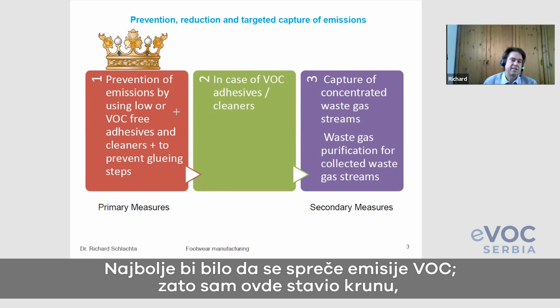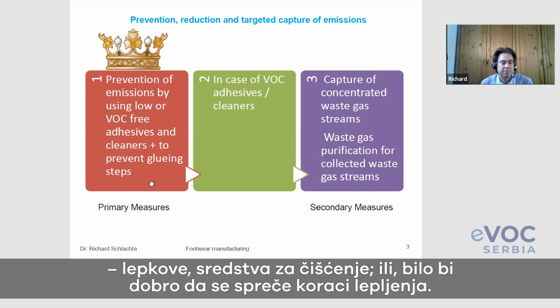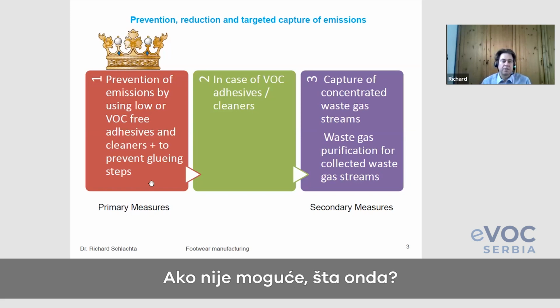That's the reason I made the ground for it as for the King's Way. If you can reduce the VOCs and buy materials with low VOC adhesives or cleaners, or what would be good, to prevent gluing steps. So if it's not possible, what can you do?